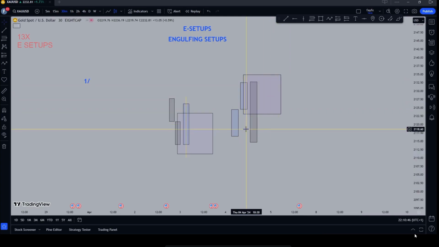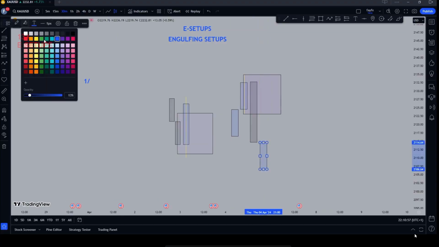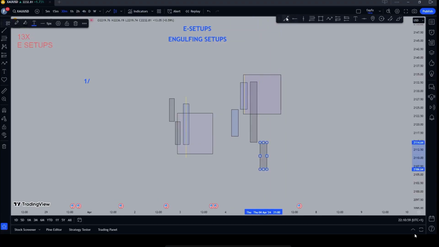Let's say price did come up to that level, this previous bullish candle, the last one. We are not concerned by this type of engulfing candle.